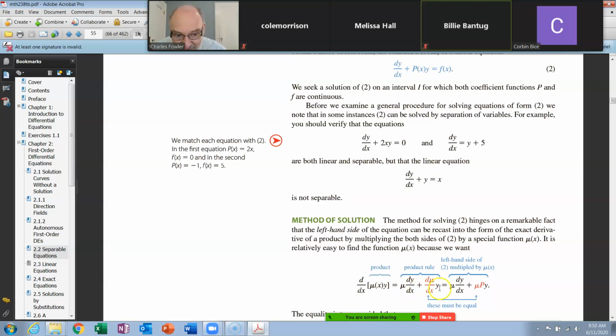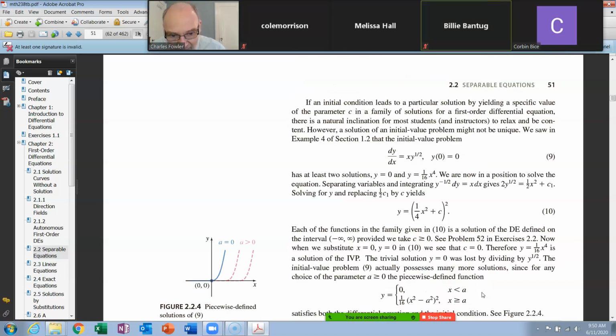So those are okay. What we want to happen is dμ/dx to be μ times p. That's our goal. Now this all seems pretty nebulous, but that's what we're going for.